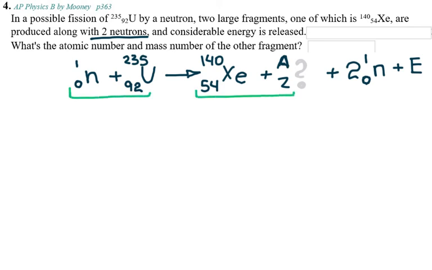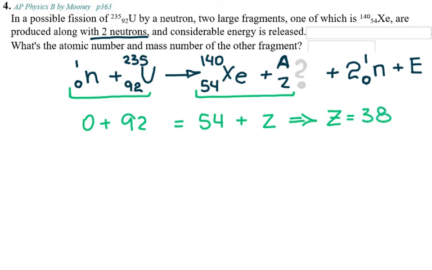So I have 0 plus 92 is equal to 54 plus the atomic number for the element that I do not know. So from here, the new element would have 38 protons. You also have to have the same amount of nucleons on both sides.